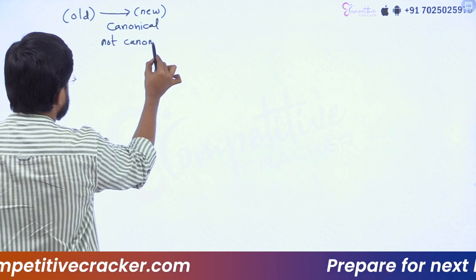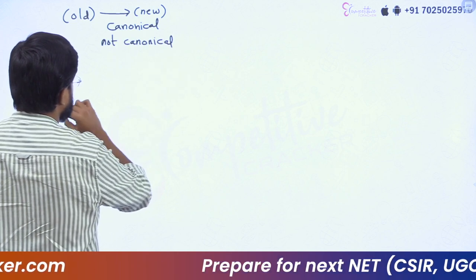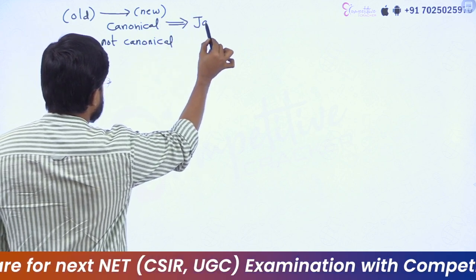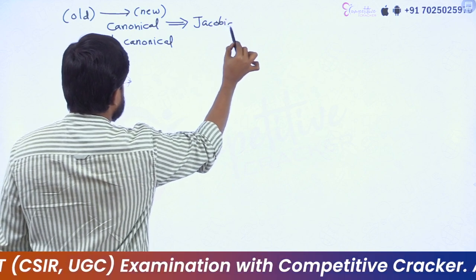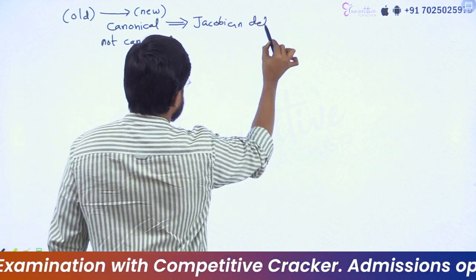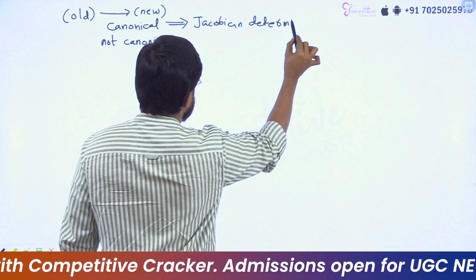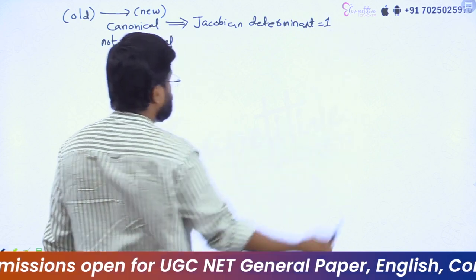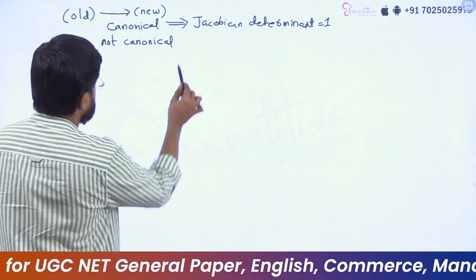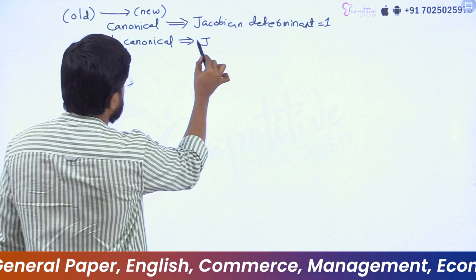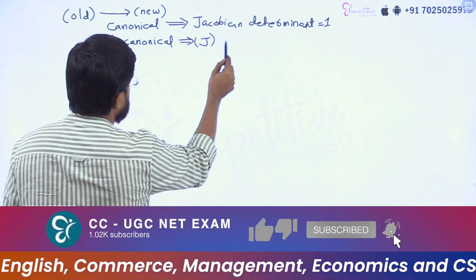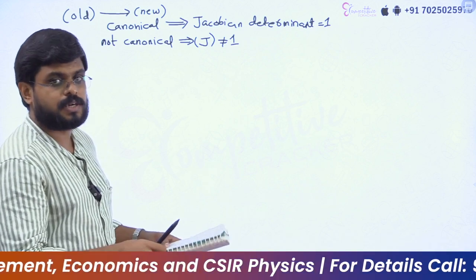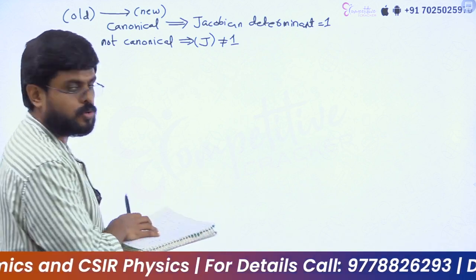We know that if the transformation is canonical, the value of the Jacobian determinant will be equal to 1. And if it is not canonical, the value of the Jacobian determinant J will not be equal to 1.